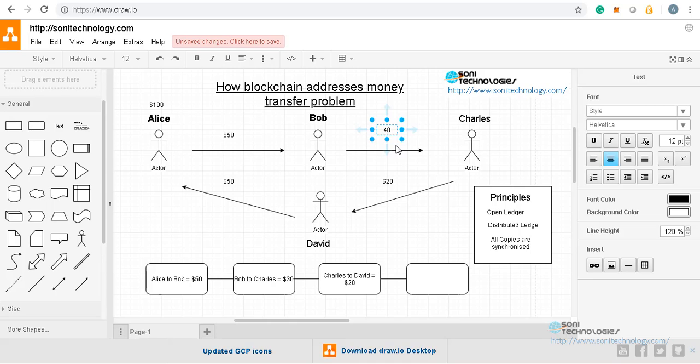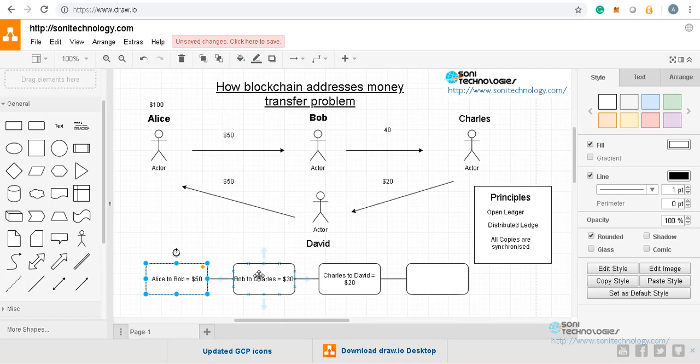So Bob's attempt to transfer $40 to Charles will be broadcast to the network. Since this is an unvalidated transaction, it is not yet going to be recorded into the ledger.